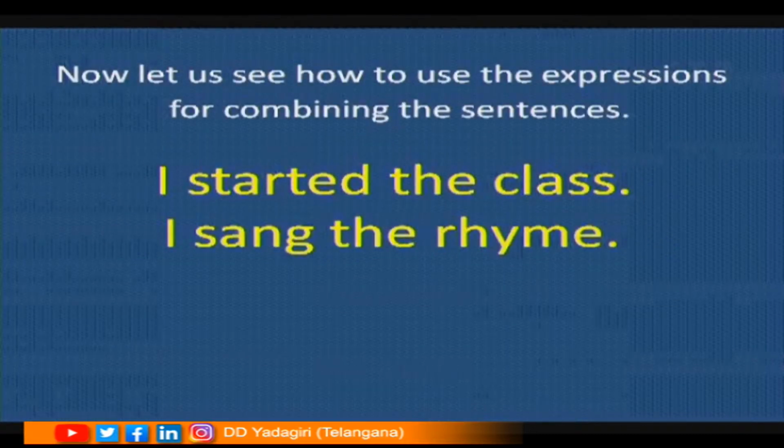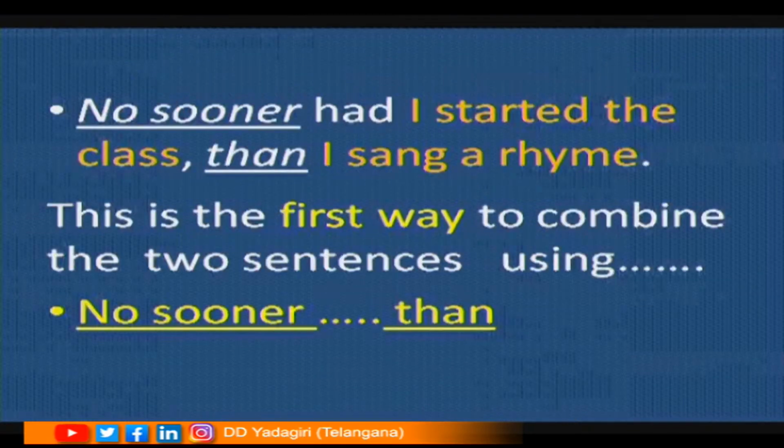Now, let us see how to use the expressions for combining the sentences. I started the class. I sang the rhyme. No sooner had I started the class than I sang a rhyme. What did I do, children? I kept no sooner had at the beginning of the first sentence, and I've kept than at the beginning of the second sentence.